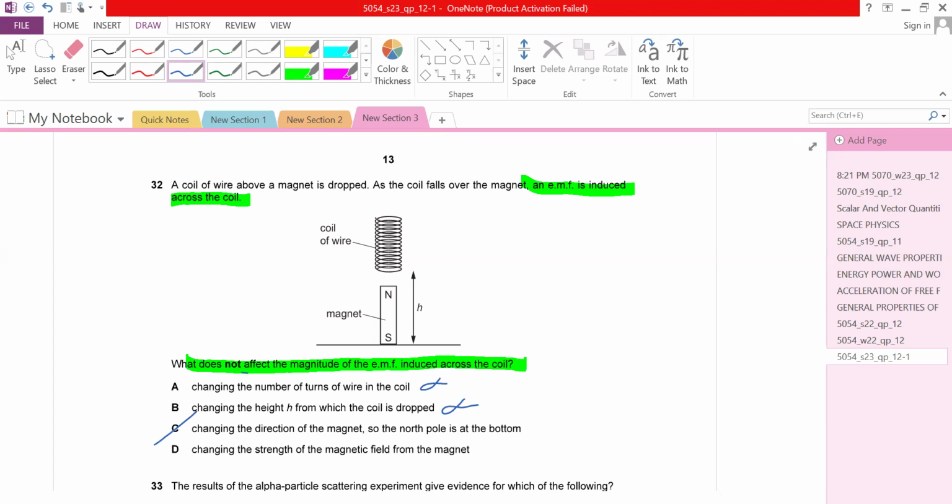This doesn't affect the magnitude of the EMF induced across the coil. So option C is correct for question number 32. The direction isn't affected by the changing of the poles of the magnet.